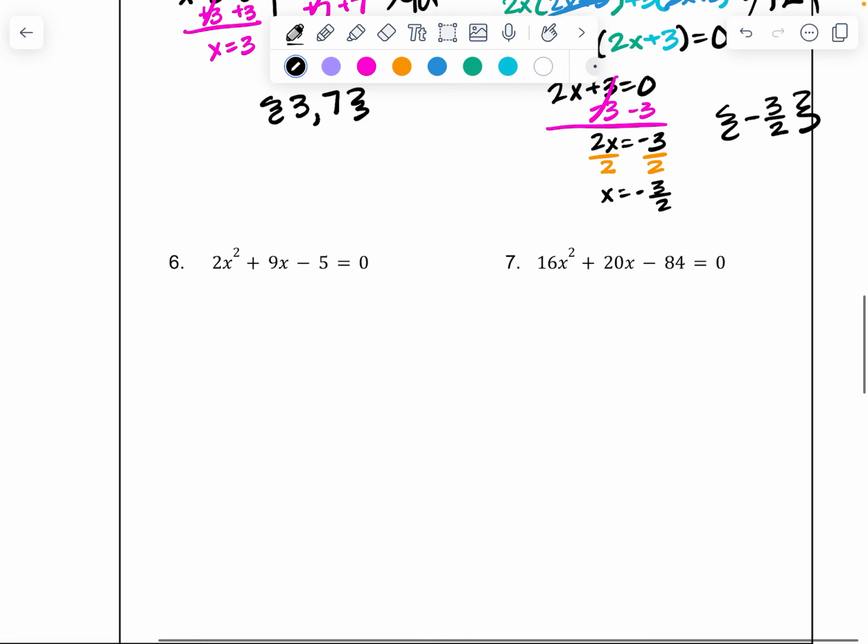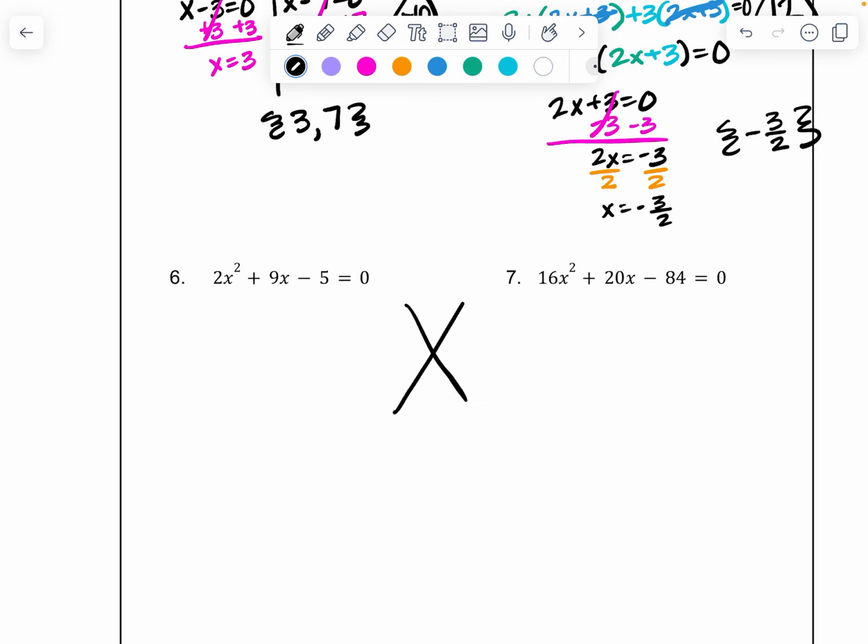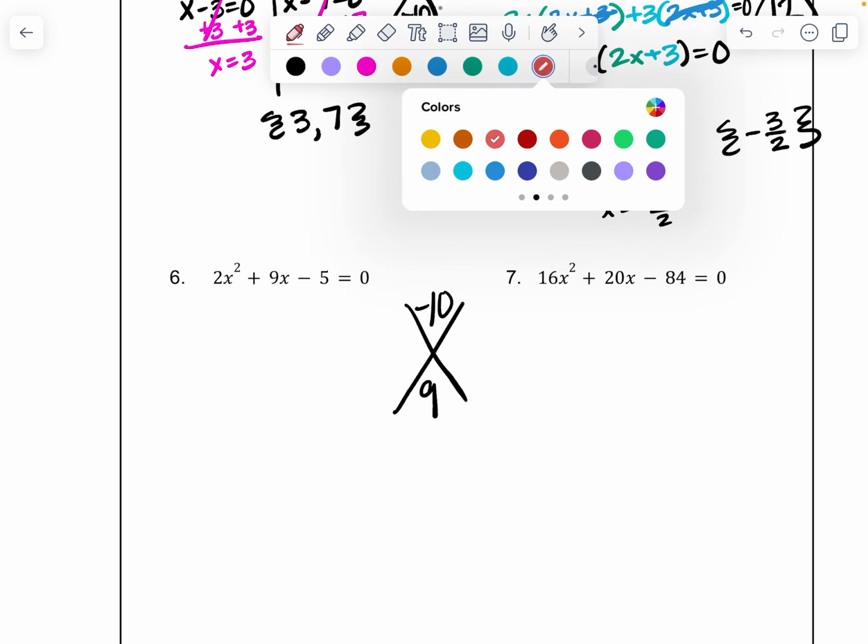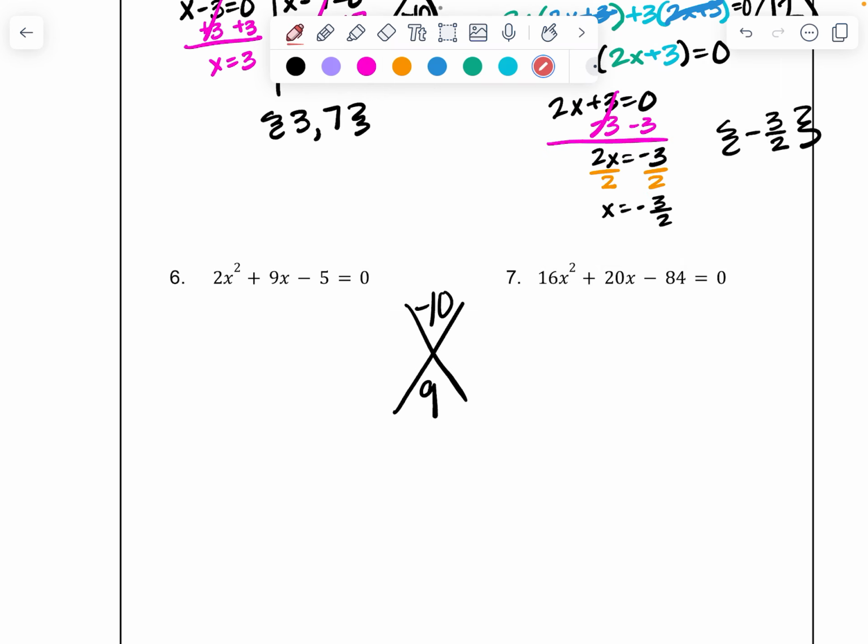Number 6. We have negative 10 on the top and 9 on the bottom. So let's see, I'll have 10 and negative 1. So 2x squared plus 10x minus 1x minus 5 equals 0.